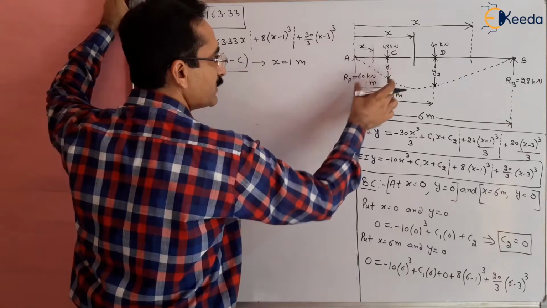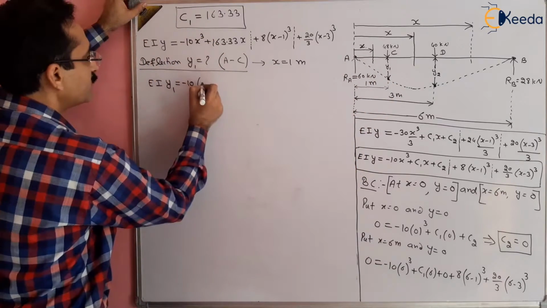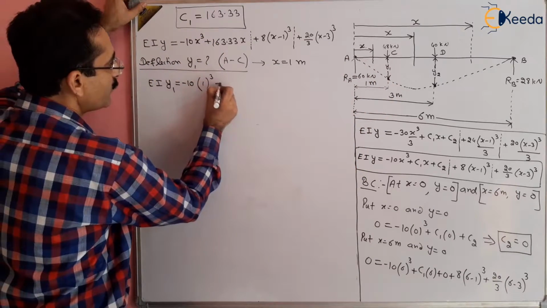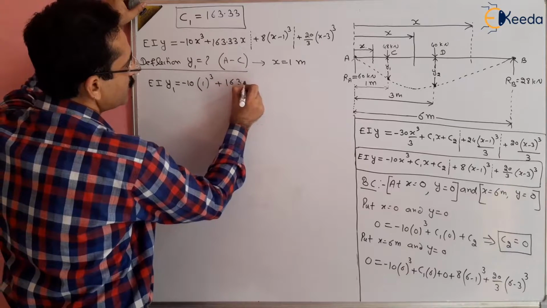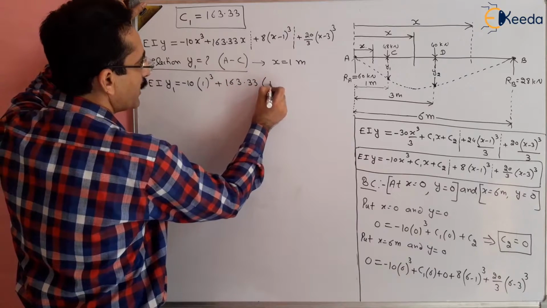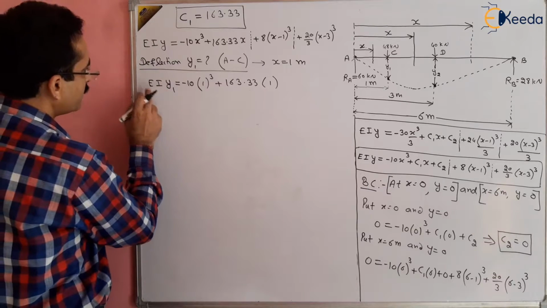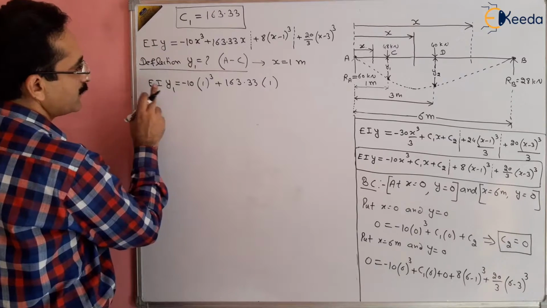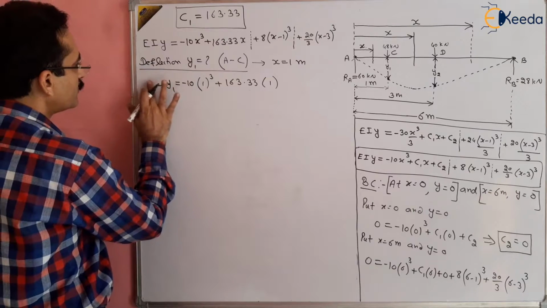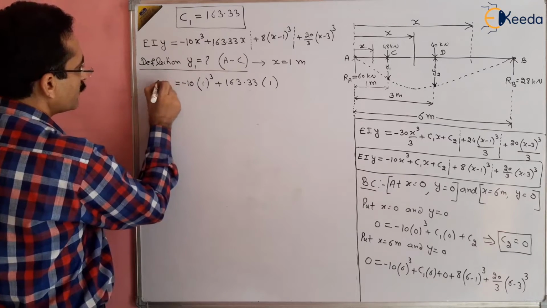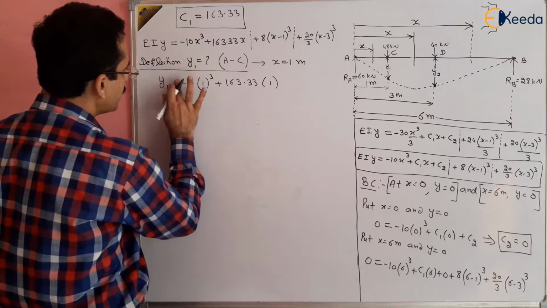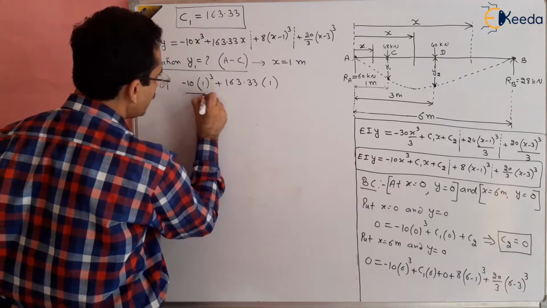For y1 the x value is 1 meter. So this is 1 cube plus 163.33 multiplied by 1, right? And to find y1 we have to divide by E and I. So I am directly writing here y1 divided by EI.